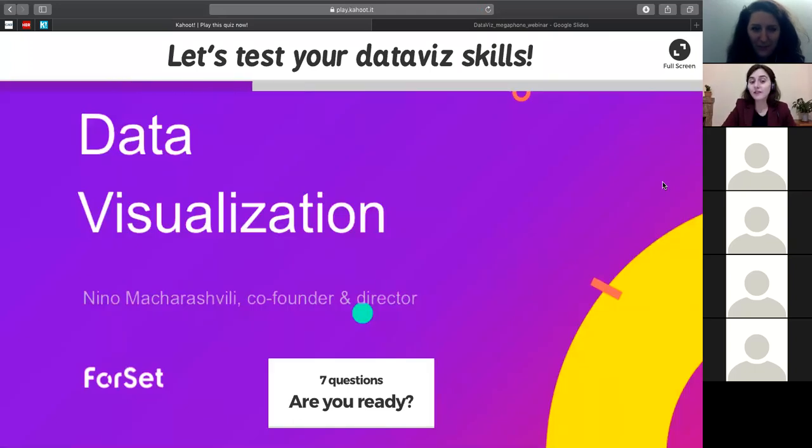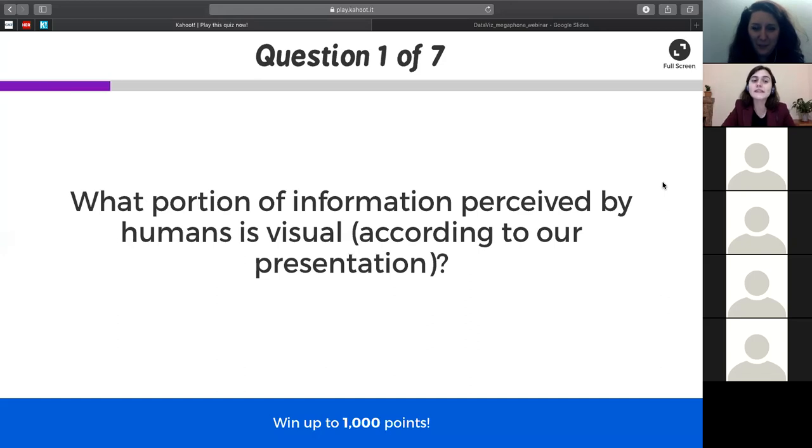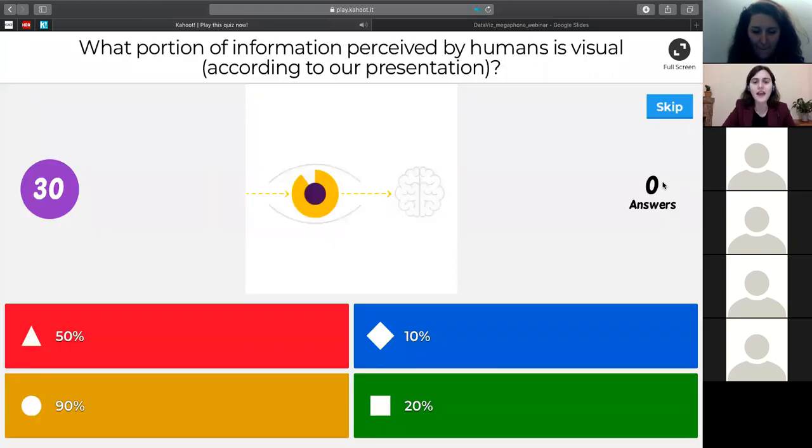So we have 7 questions. The first one is, what portion of information perceived by humans is visual, according to the presentation? The red answer is 50%, blue is 10%, yellow is 90%, and green is 20%.